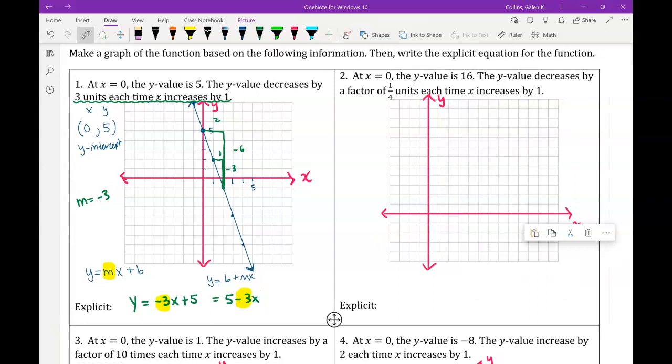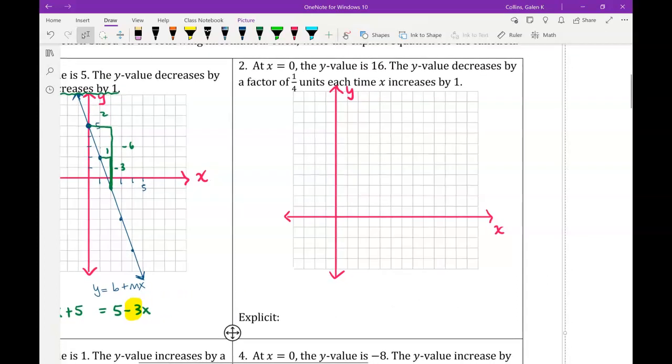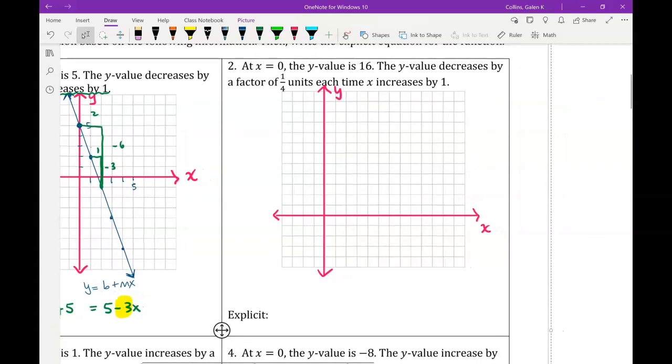This is the first one where I made so many mistakes. I was like, I'm just going to have to start this over. But in my defense, I don't know that this is written very well. So at x equals 0, the y value is 16. The y value decreases by a factor of 1/4 each time x increases by 1. And when I read that before, and I'll be honest, sometimes the hardest part of math is reading.